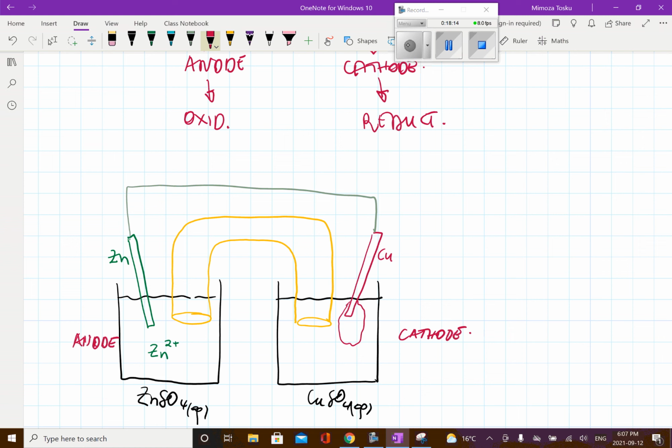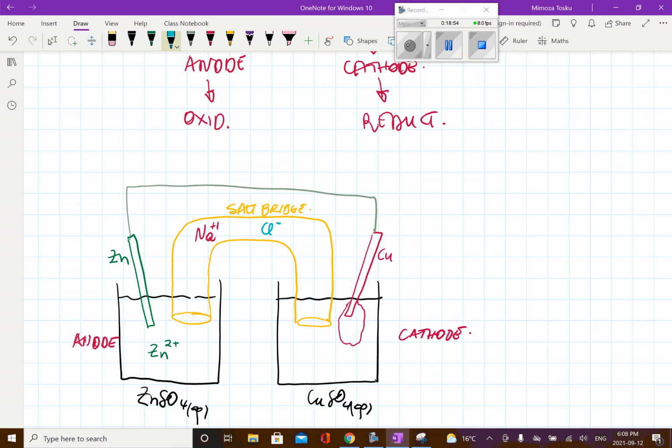The salt bridge is a solution of sodium chloride, which is table salt. That means we have two ions here: a sodium ion, Na+, and a chloride ion.